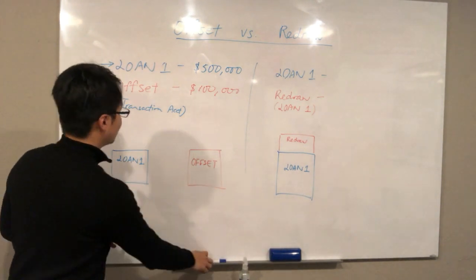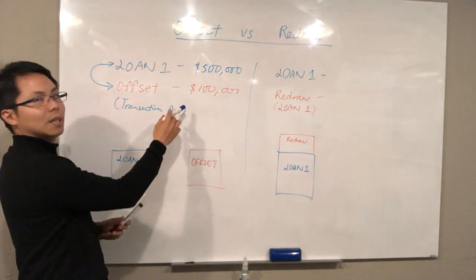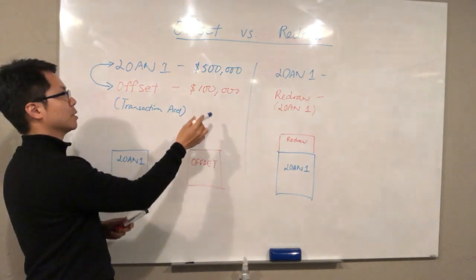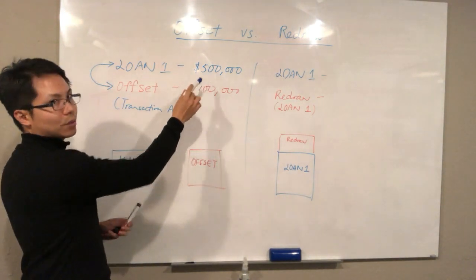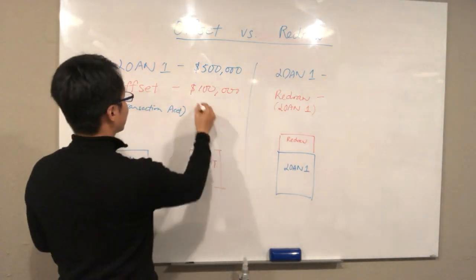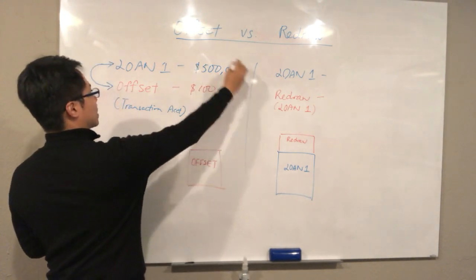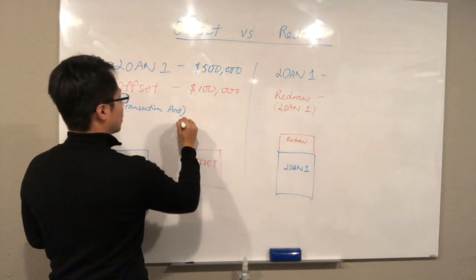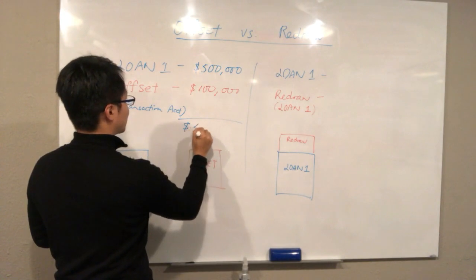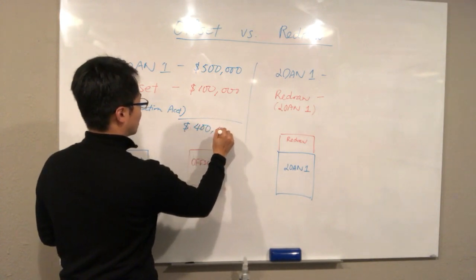What that does is it reduces the monthly interest repayment that you pay on the loan. So in this scenario, you're only going to have to pay the difference between the loan minus the offset, which means you're only going to have to pay the interest on $400,000.